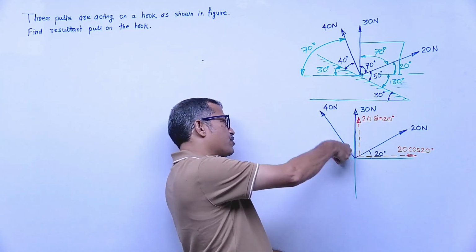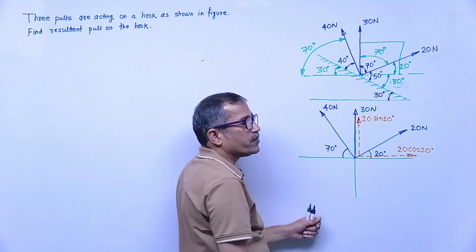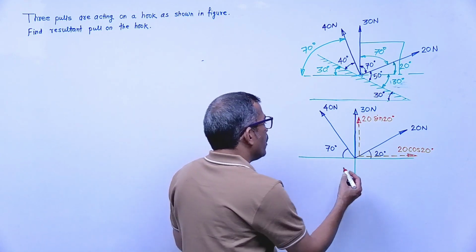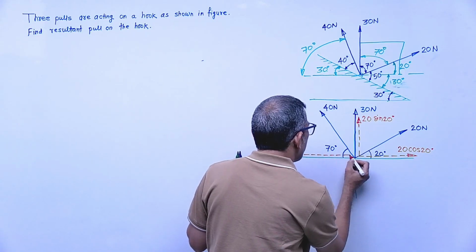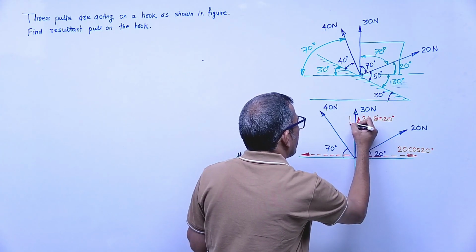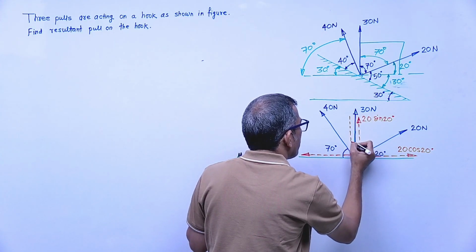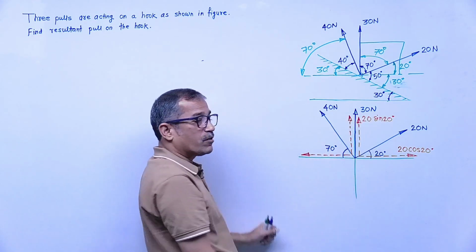40 Newton force is also away from this point, means components must be away. Horizontal component away means direction must be what? Leftward. And vertical component away means direction must be vertically upward. Okay, angle is given with what?